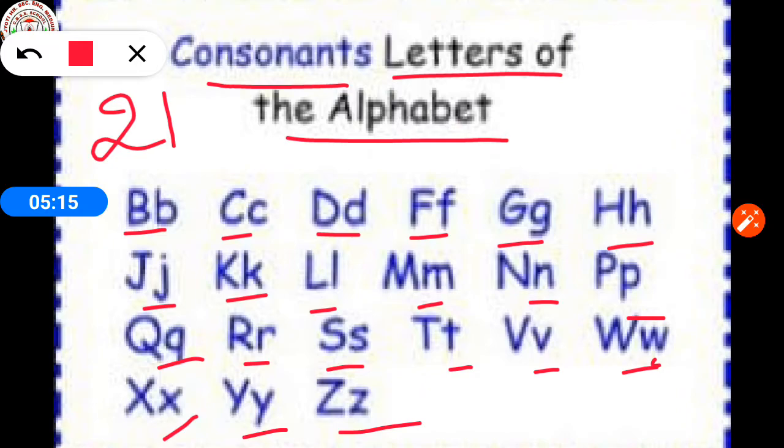So, alphabet refers to a series of letters arranged in a specific order, and they are used for reading and writing language.